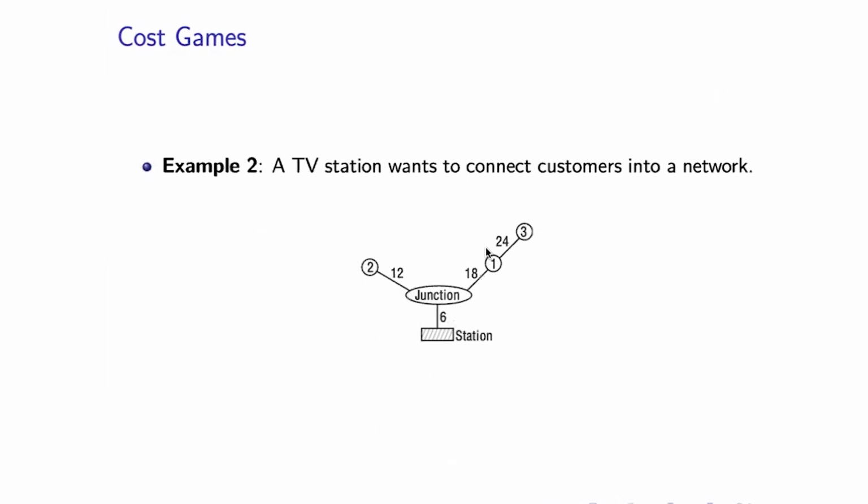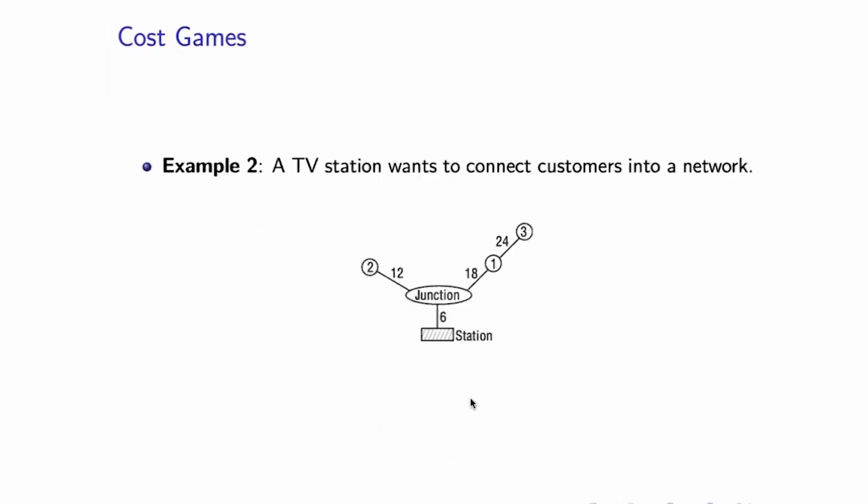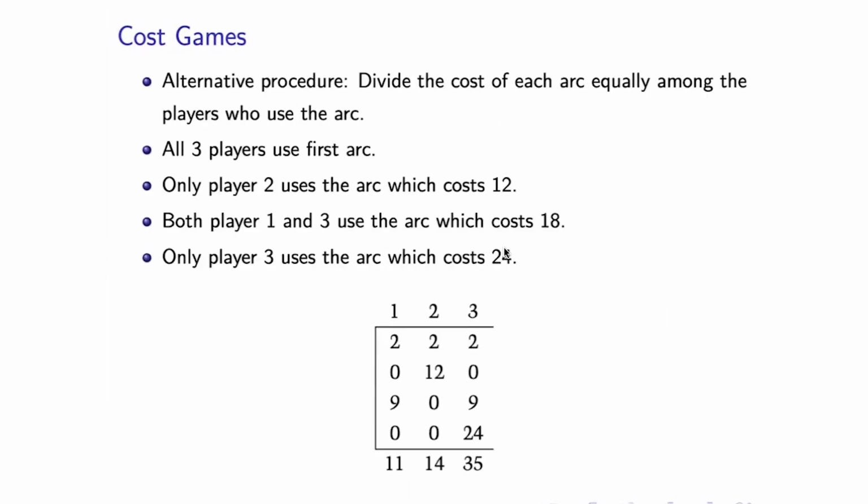Okay, what about this arc, which has a cost of 18? In that case, it is going to be used by both 1 and 3. And so therefore 1 and 3 should equally divide this cost of 18 among themselves, and so we put in 0, 9, 0, 9. And finally, the last portion is only of use to 3. So this entire 24 should be borne by 3, and we can write down 0, 0, 24.